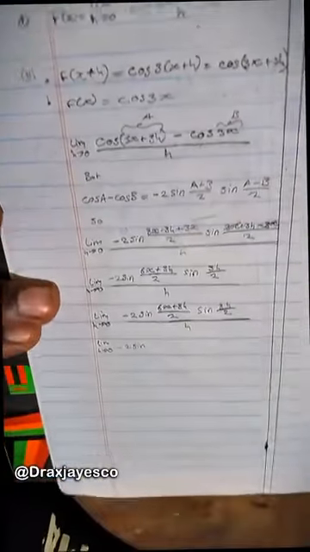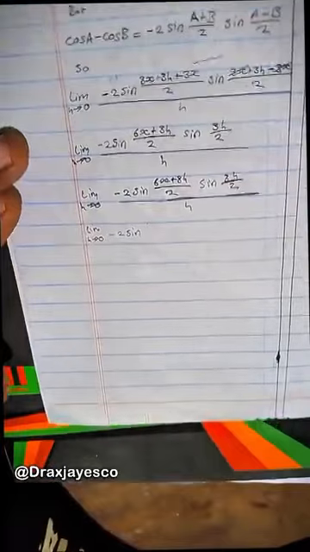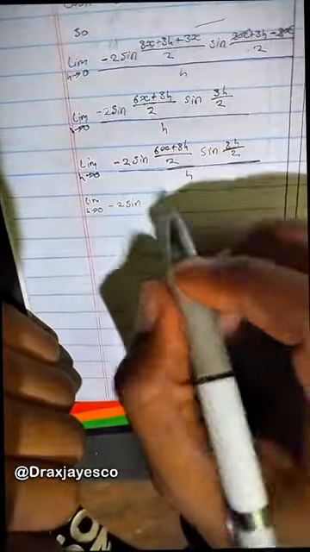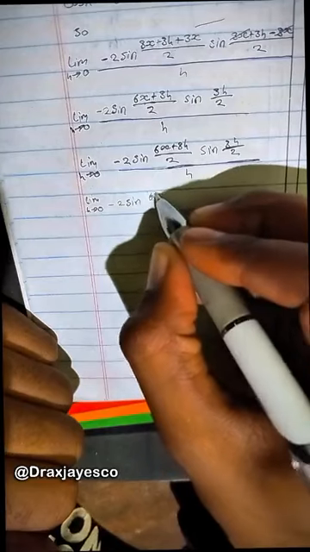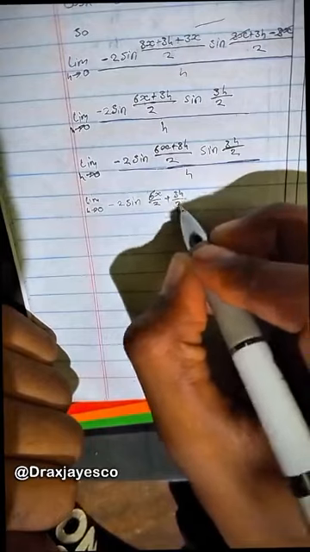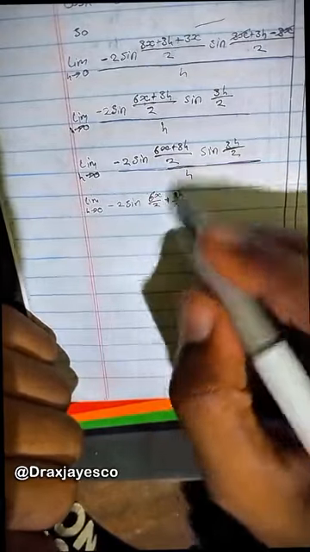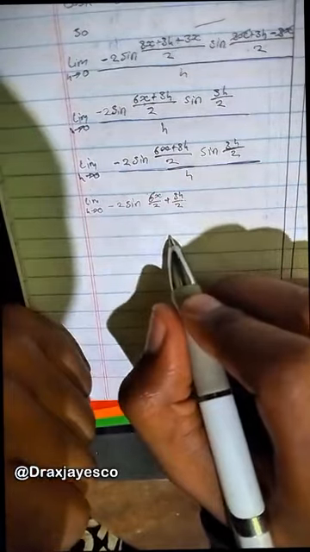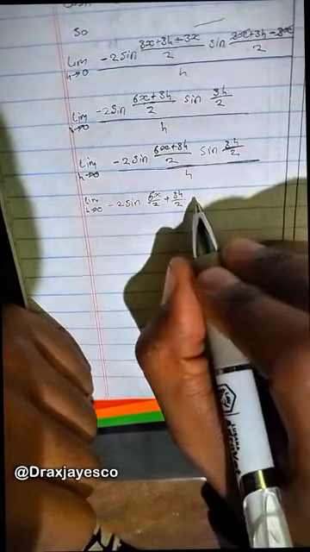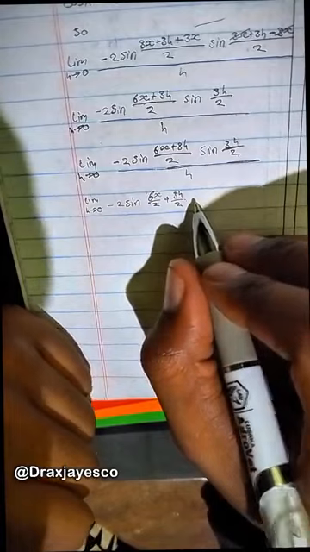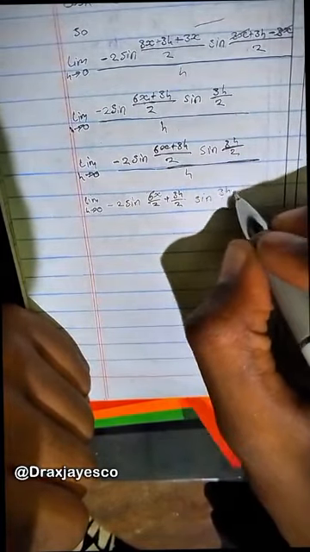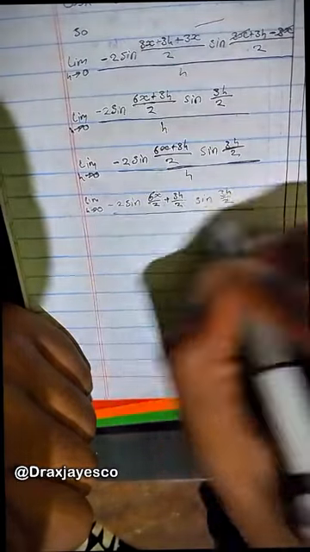Can we see a bit? Yeah, perfect. So we have 2 sine of 6x over 2 plus 3h over 2. We can write it like that, since the common denominator is 2. And then sine 3h over 2, everything over h.